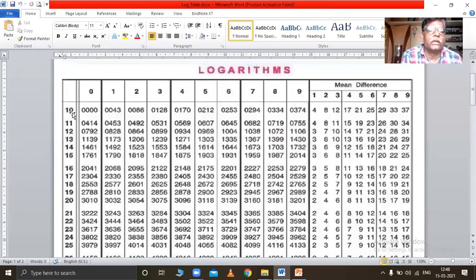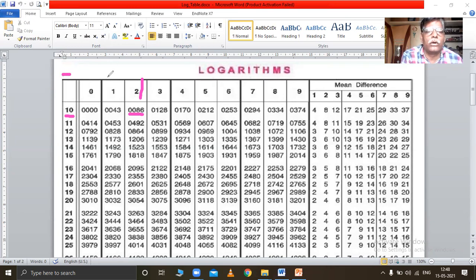Here is the 10. Next, 2 means this column 2. In this there is 0086.